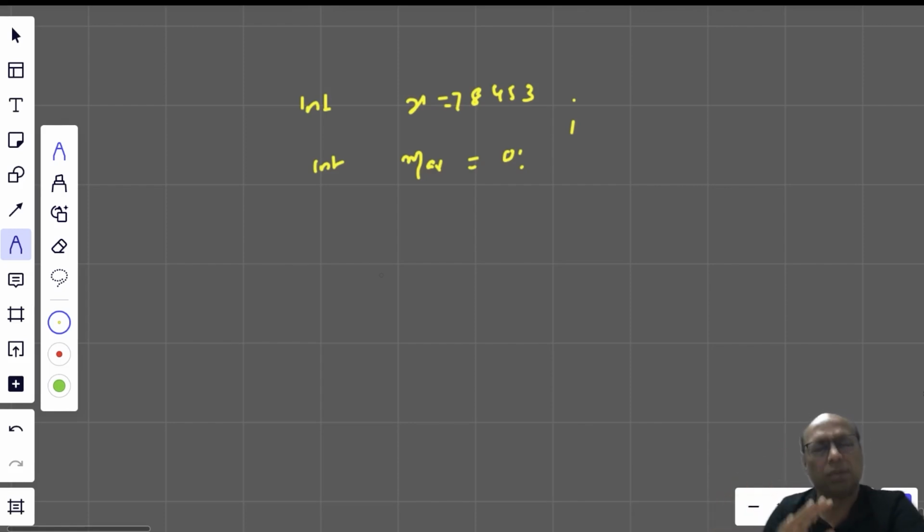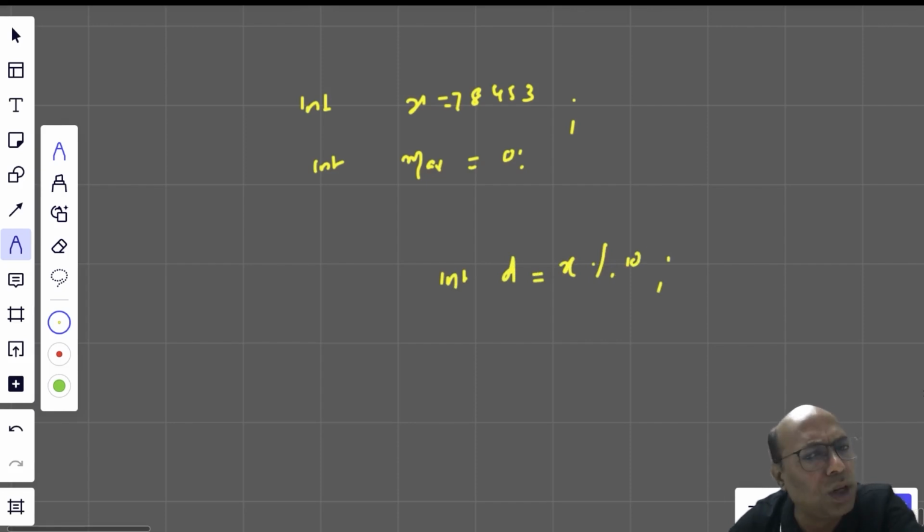Now what I need to do here is, what you did: you took a digit from the number. How to get a digit? X mod 10. After taking the digit, you compare with your brain. If your brain is storing a lesser value than the digit, you change your brain value.